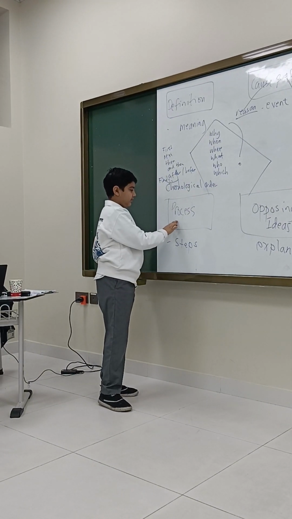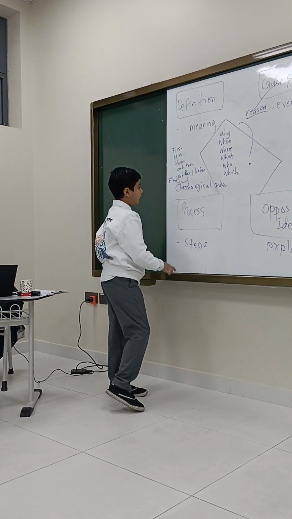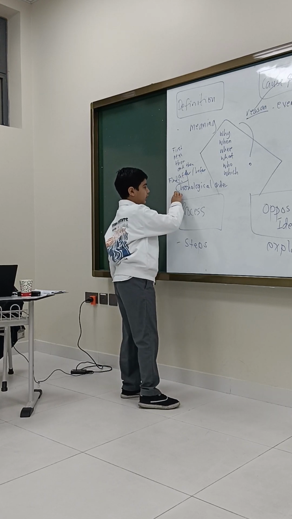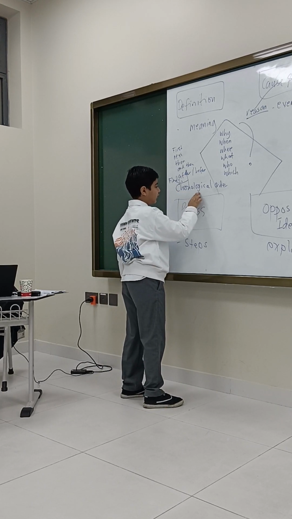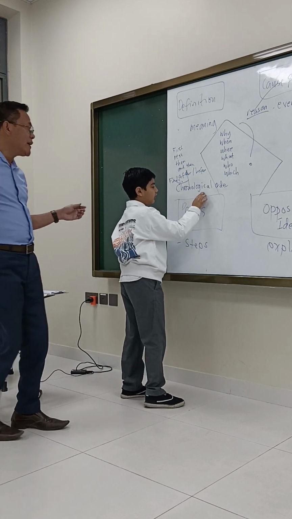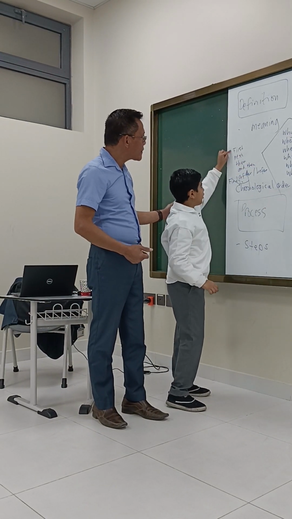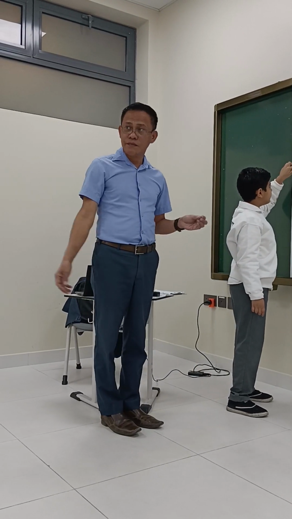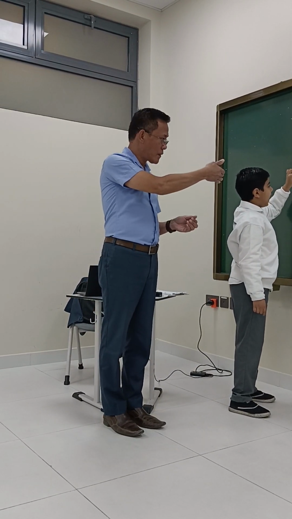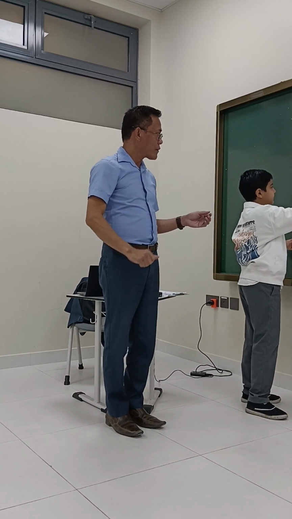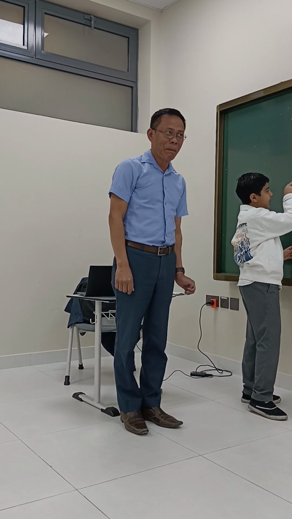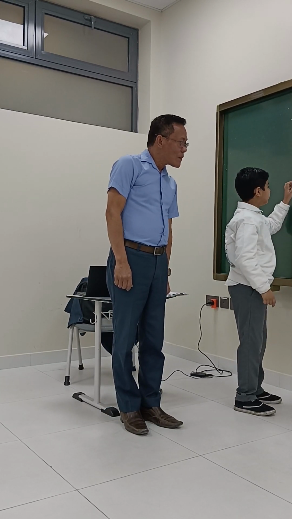The process is the steps, also called chronological order, which is first, then, and then after, or you can put before, and then you can say either lastly or finally.